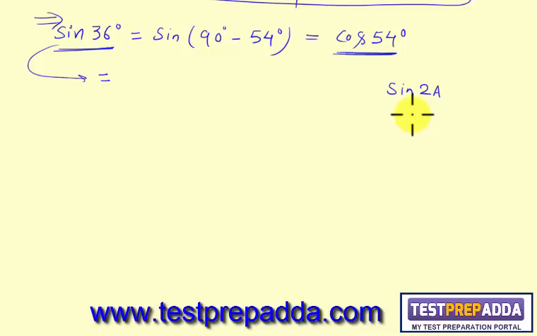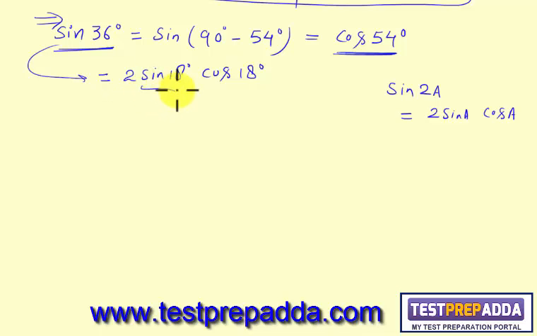Sine 2A is what? 2 sin A cos A. So here sin 36 can be written as 2 sin 18 degree into cos 18 degree, since 2 sin A cos A is equal to sin 2A. Got the idea?